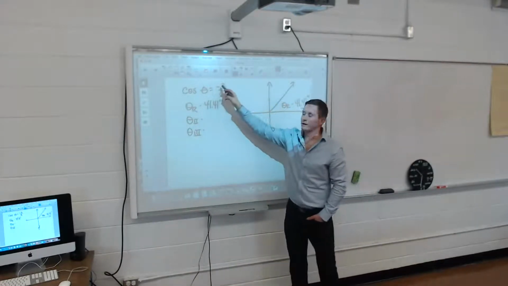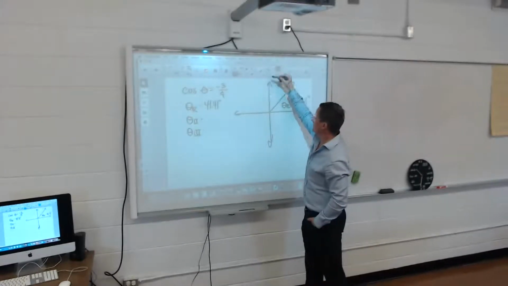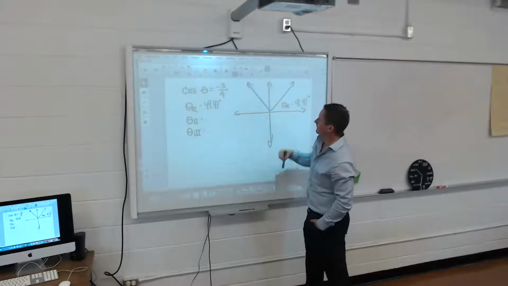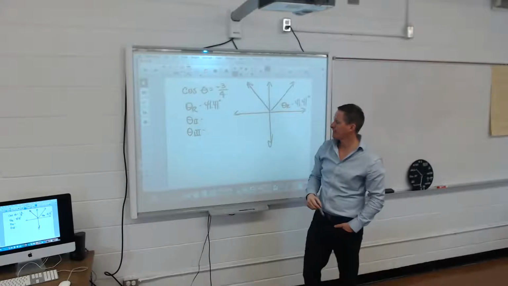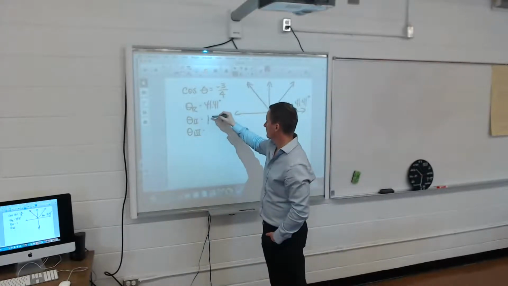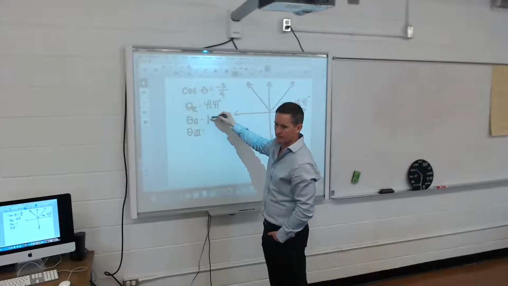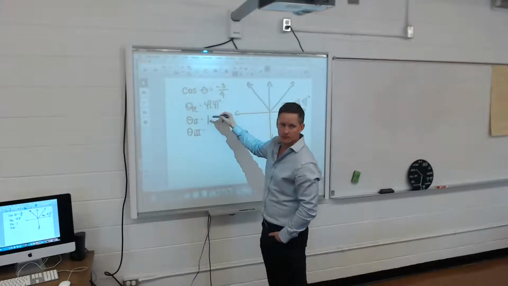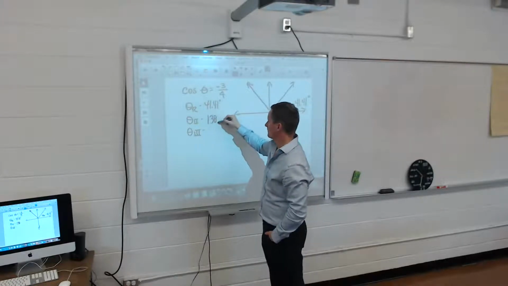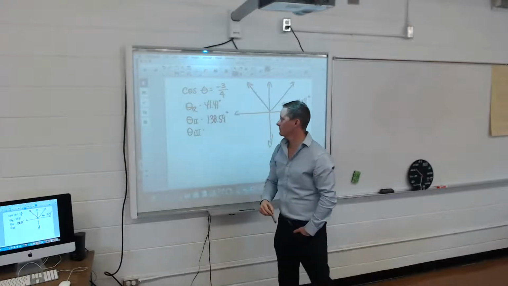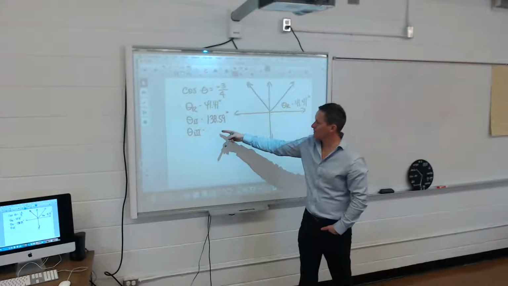I see that cos, the ratio is negative, so I need to find it in quadrant 2 and quadrant 3. So let's find it in quadrant 2. What is it in quadrant 2? 138.69. Okay. Now what is it in quadrant 3?